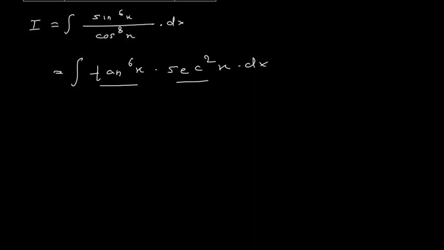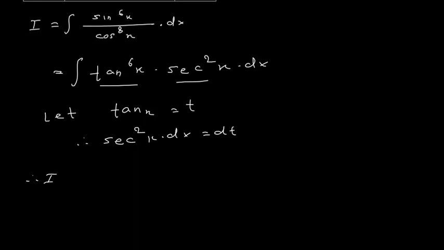So what we will do? We will consider here, let tan x is equals to t. So this is substitution we are doing. Therefore I get sec square x dx is equals to dt. So in place of sec square x dx I will put dt. So my I will become integration of t power 6 into sec square x dx, I will replace dt.